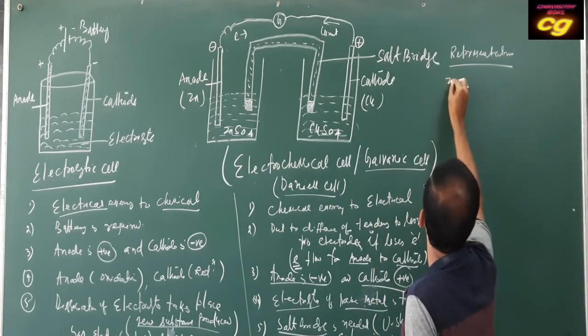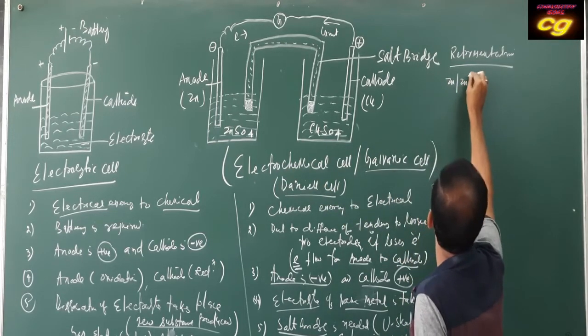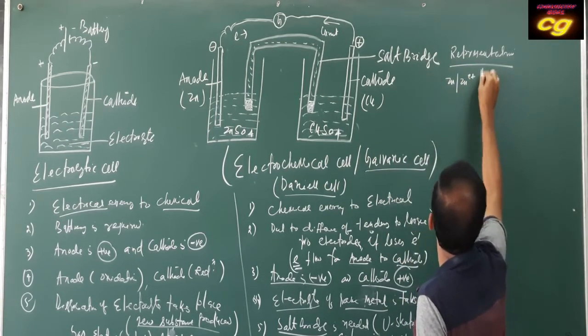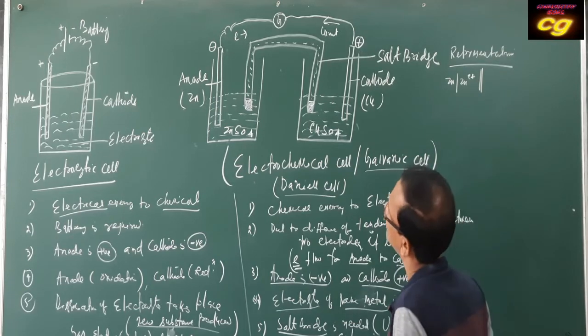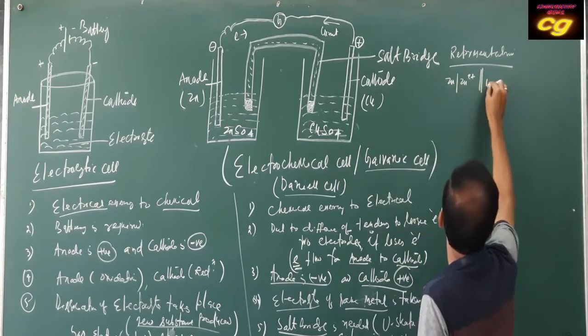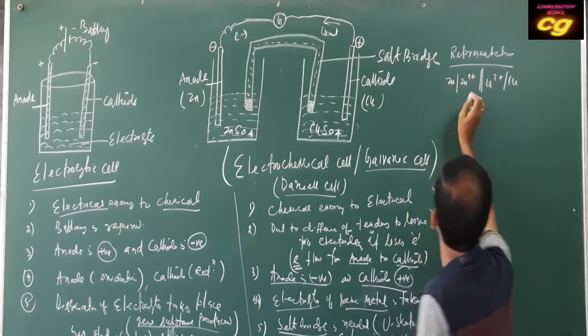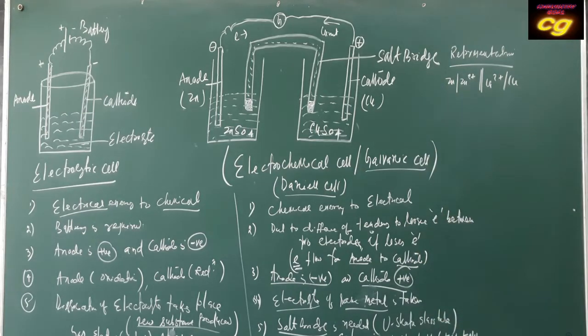Here zinc, connected to zinc ion. Then the salt bridge symbol is a double vertical line. Then copper ion, then copper metal. So this is the notation of the Daniel cell.